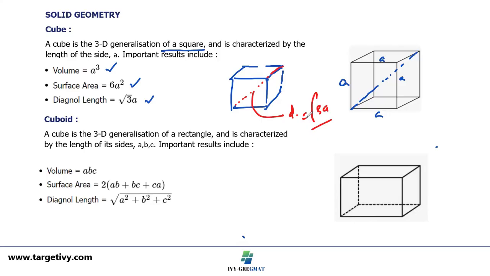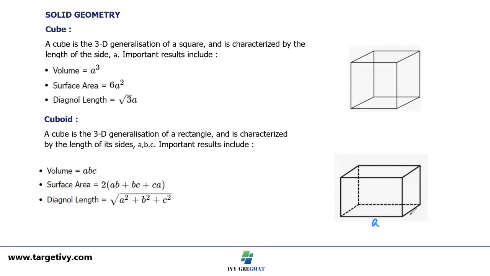In case of a cuboid, the formula changes a bit. Let's see how. A cuboid has all the three sides different. So A, B, and C. So this is A, this is B, and say this is C. Length, breadth, and the height.